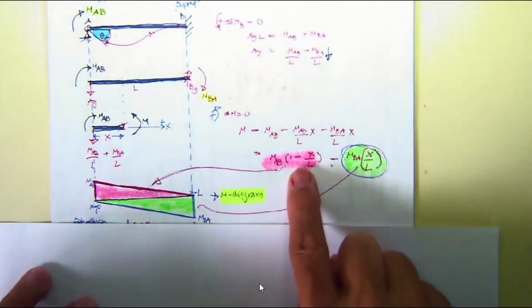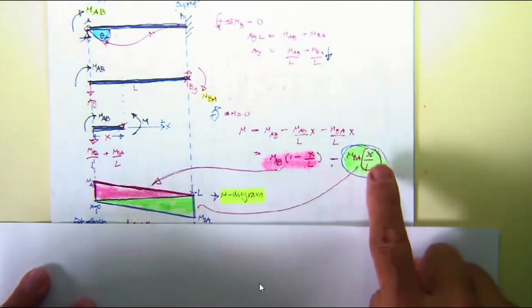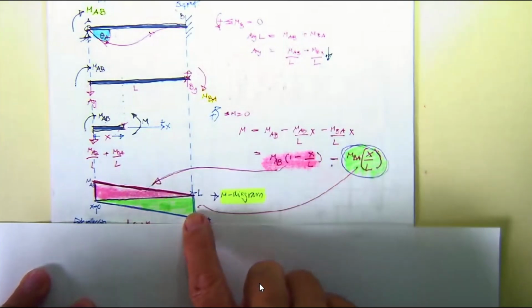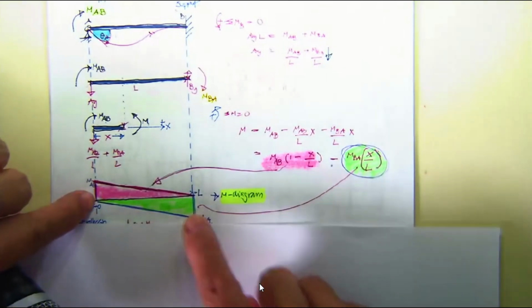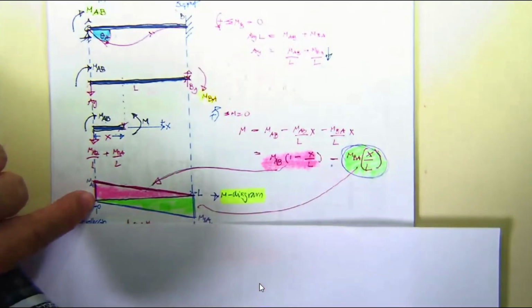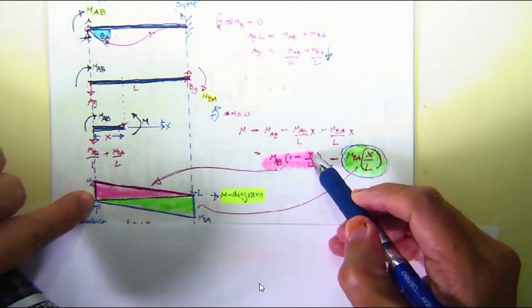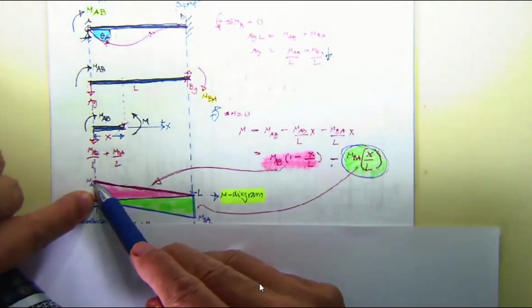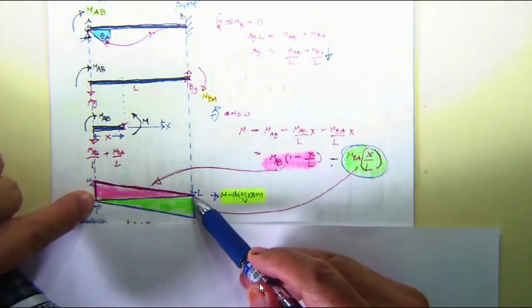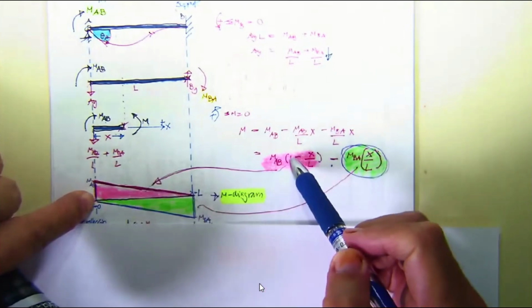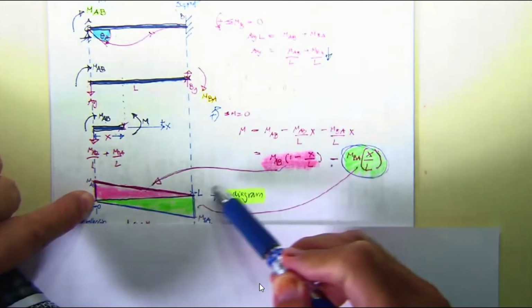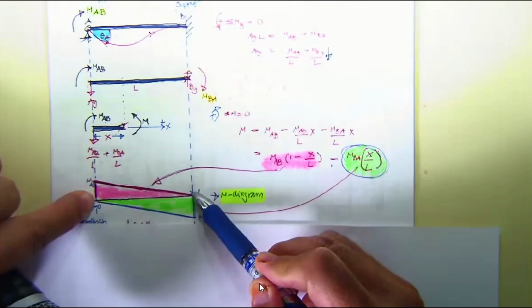Ajahn separates this term to be the pink, and this term to be the yellow. Let's start with X equal to 0. When X equals 0, the pink is M sub AB. If X equals L, this is 1 minus L over L, which is going to be 0.